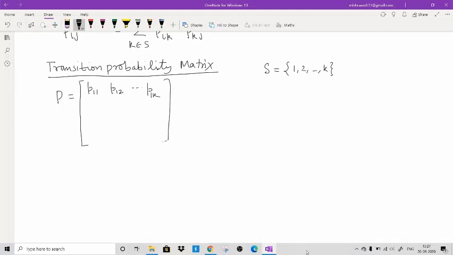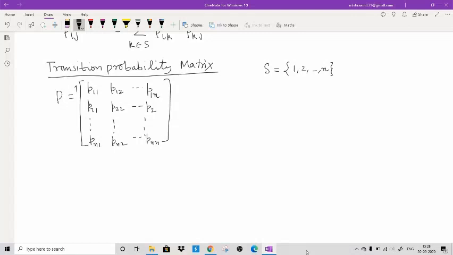That means P21, P22 and P2k. Instead of k, I will take some n, okay. So Pn1, Pn2 and Pnn.